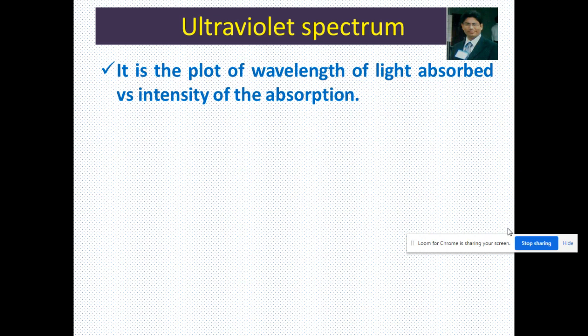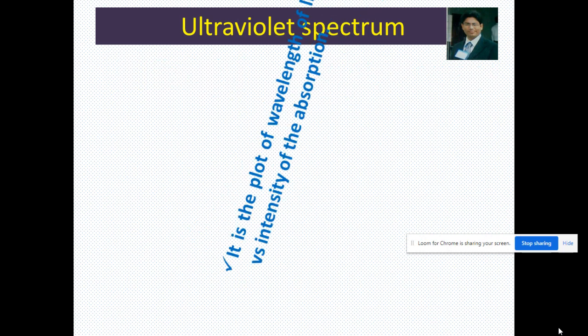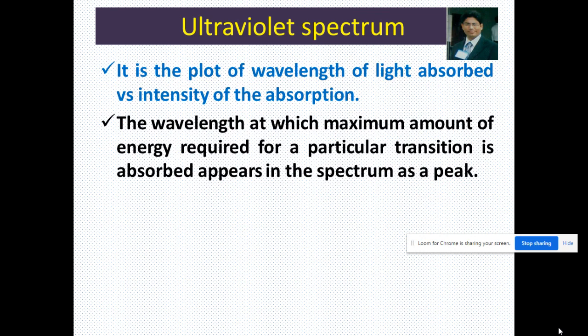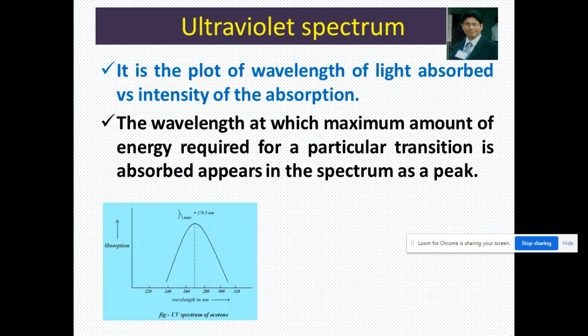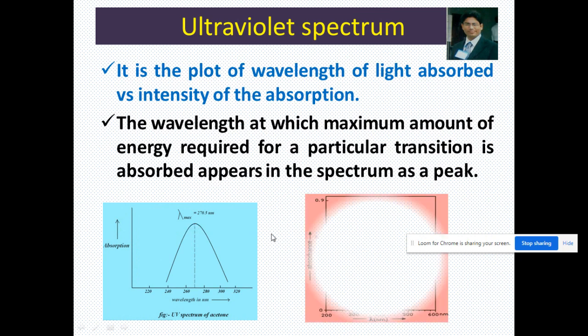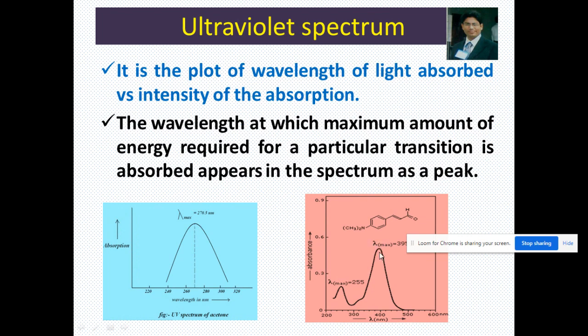The wavelength at which the maximum amount of energy required for a particular transition is absorbed appears in the spectrum as a peak, and this is called the absorption maximum. Now from this picture we can see the absorption maximum. This is the lambda max value. For this compound, this is the lambda max value.